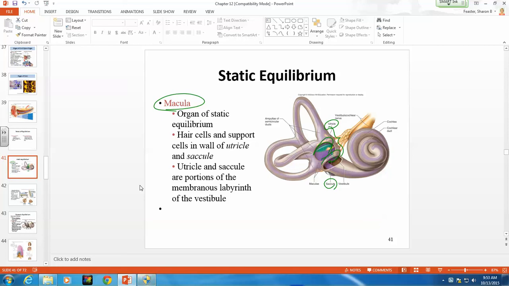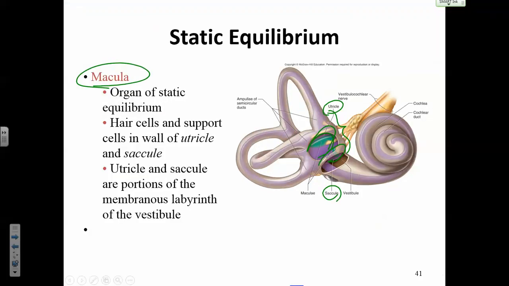So the organ for static equilibrium, one of them is in the wall of the utricle, the other is in the wall of the saccule, and both of them are in the vestibule of each inner ear. It just lines the wall of the saccule and the utricle.